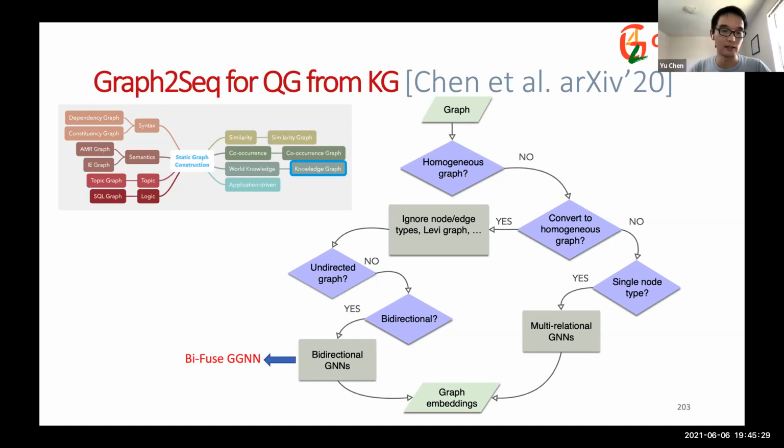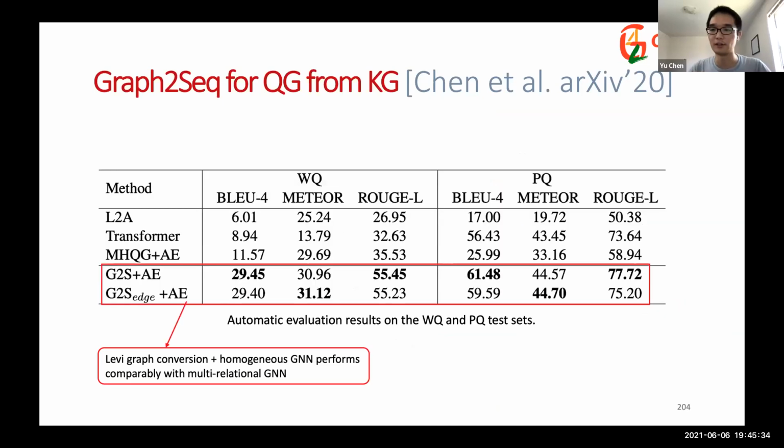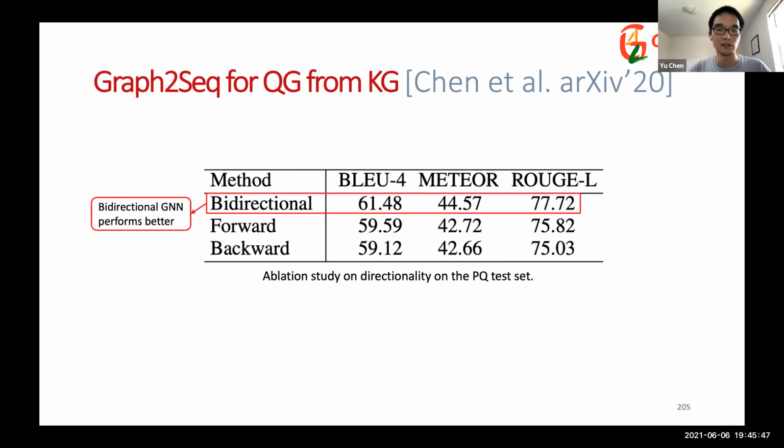The results show that the Levi graph conversion plus homogeneous GNN performs comparably with the multi-relational GNN. And the ablation study also shows bidirectional GNNs perform better than unidirectional GNNs on this task.